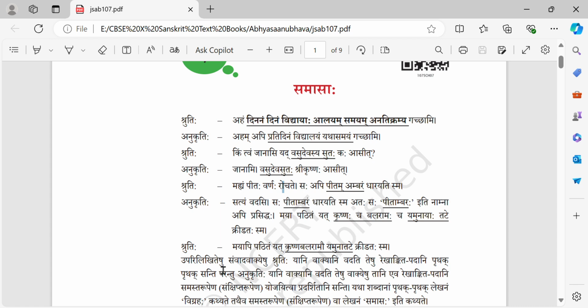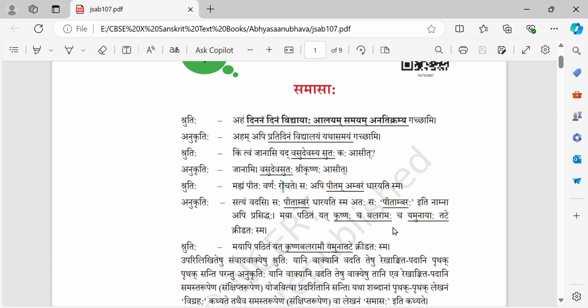Anukritihi: Maya api paditam yat Krishna Balaramau Yamuna tate. So, Krishnaha cha Balaramaha cha is the Vigraha Vakya of the word Krishna Balaramau. Krishna is one word, Balarama is another word.